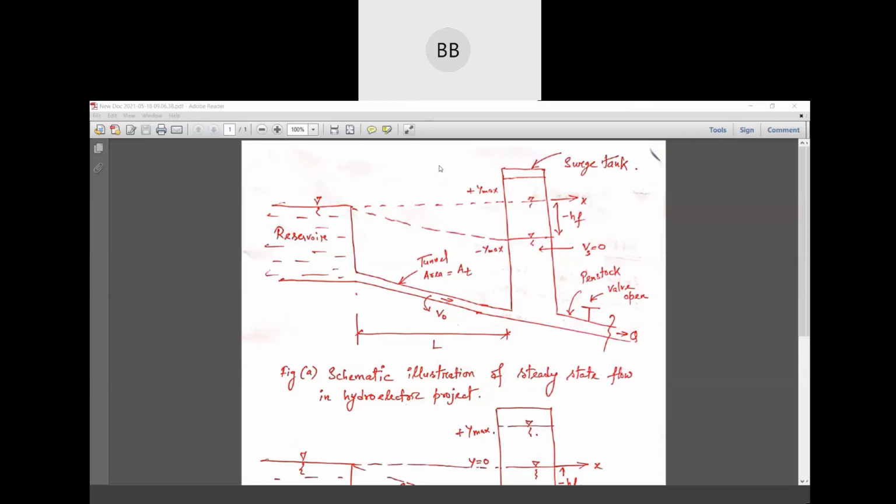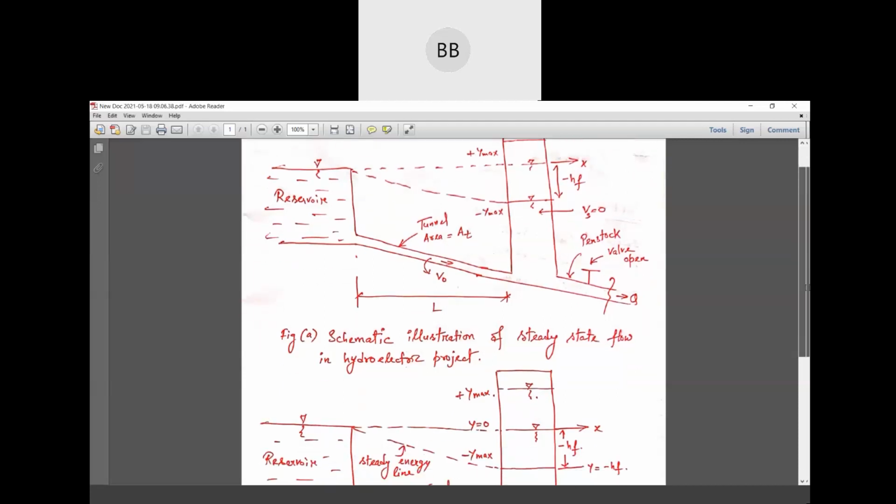The topic is the derivation of continuity and momentum equation in surge tank.